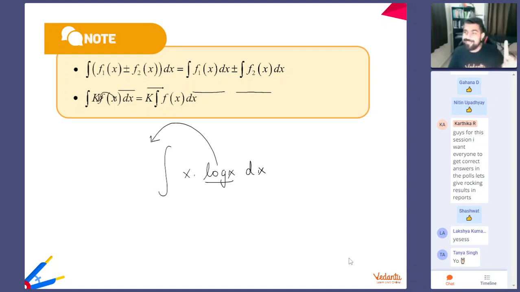Please don't do that, okay? Variables, you cannot take it out. You have to keep it inside only. Only when you have a constant. Let's say you have a number 3 here, then I can take the 3 outside. That is allowed, okay? But not variables. I hope I have made it clear. This is a very important point. People, please don't make mistakes here.